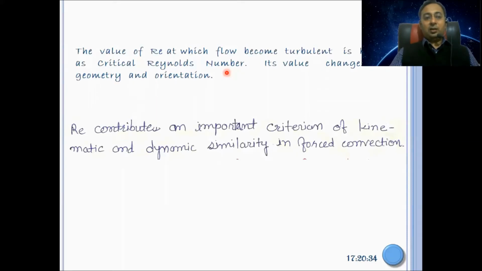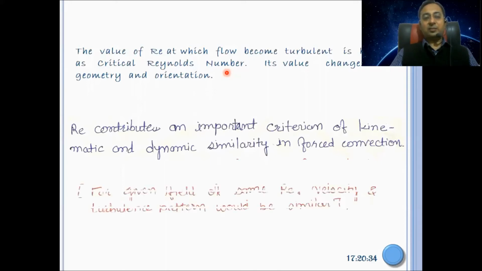Reynolds number is an important criterion for the kinematic and dynamic similarity in forced convection. It means for the given fluid at the same Re, velocity and turbulent pattern would be the same. If we are conducting some experiment for a particular object or shape, and Re is the same for the smaller shape and for the bigger shape, then we can say that the velocity pattern and turbulent pattern for both of these would be the same.